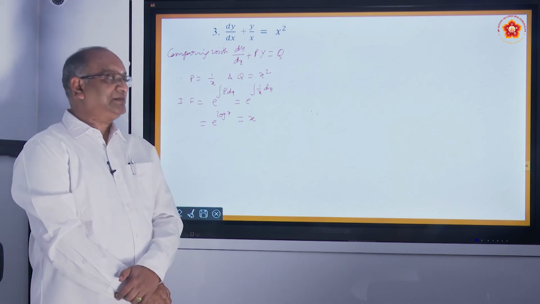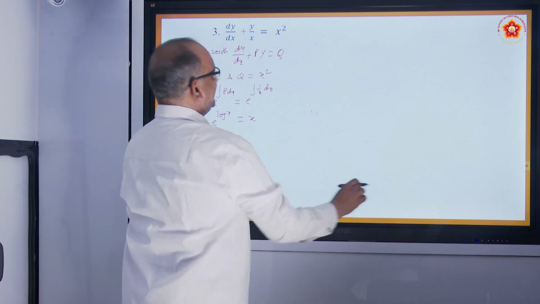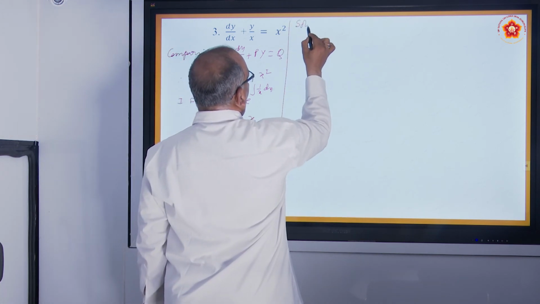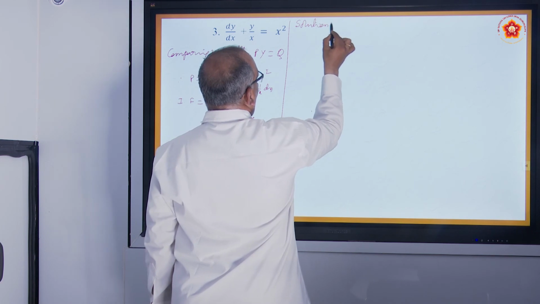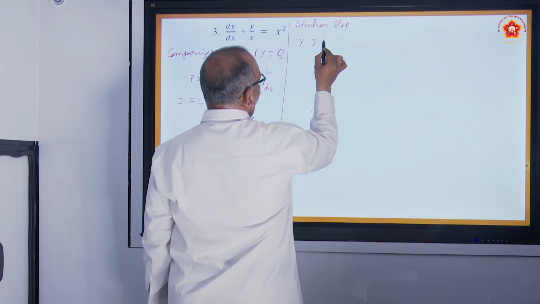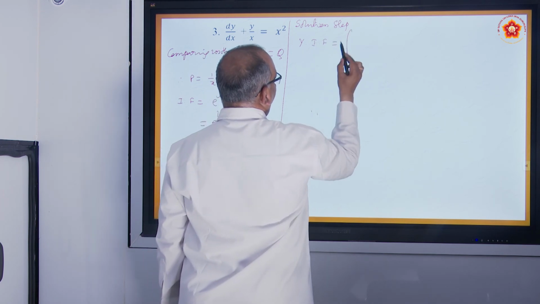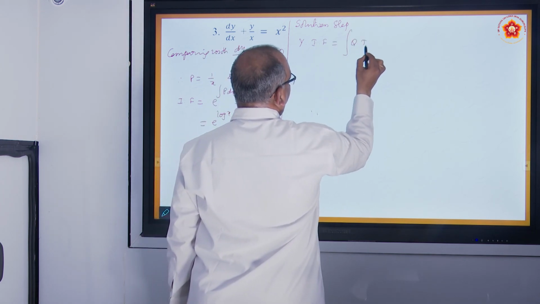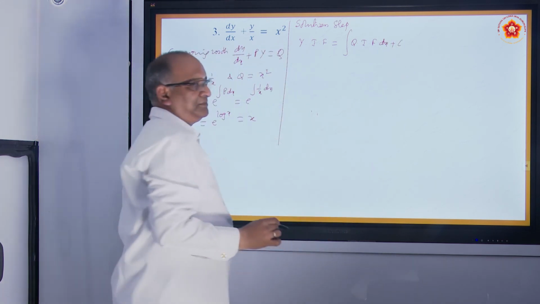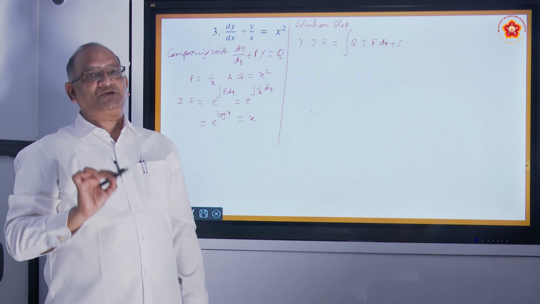Write the solution step. What is the solution step? The solution step is y into integration factor is equal to the integral of q into integration factor dx plus c. This is called the solution step, not the solution.